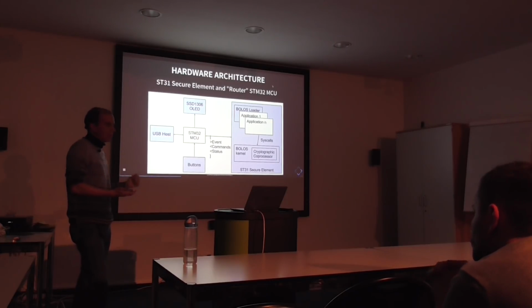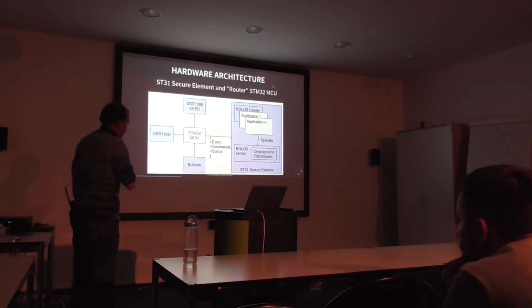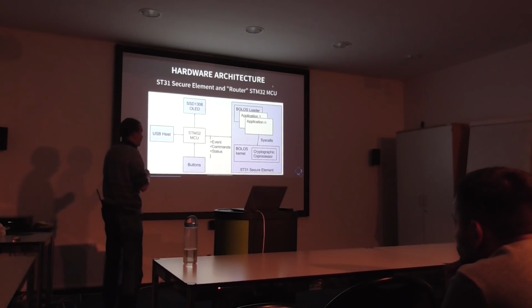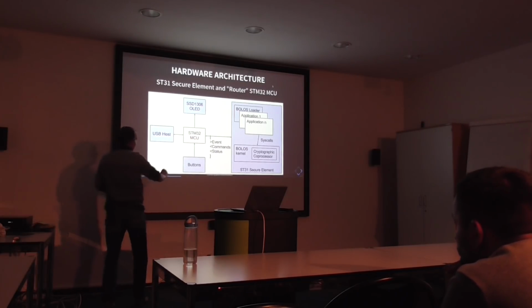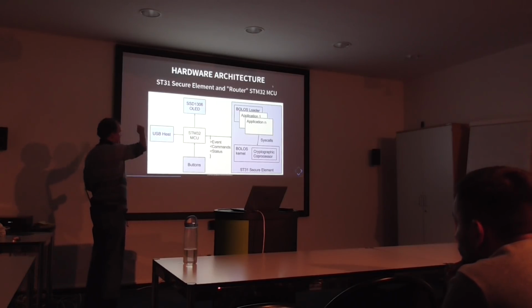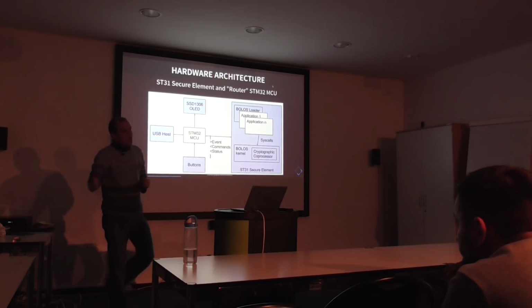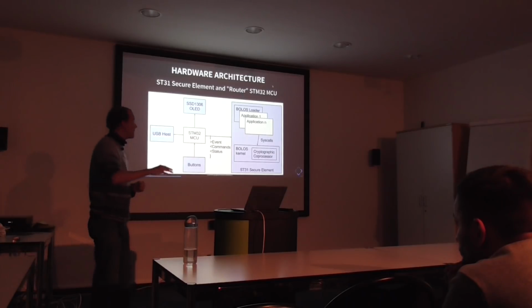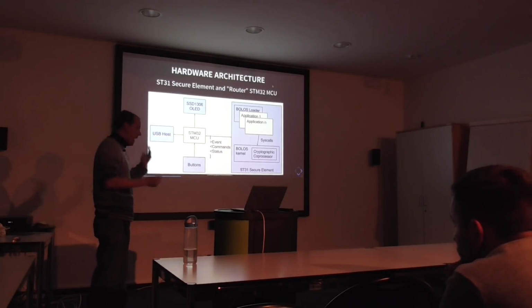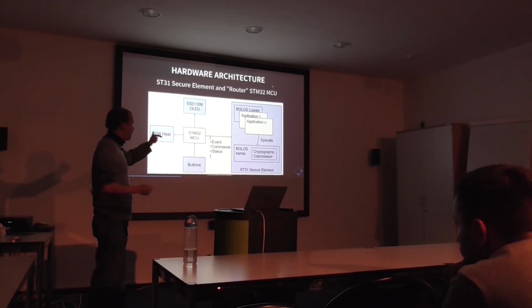And to make that possible and still secure, the Ledger guys decided to put another, basically, router before that. So everything like buttons, the USB, the display goes through this router chip, and only if it passes the firmware there, the events, the commands come to the secure element.